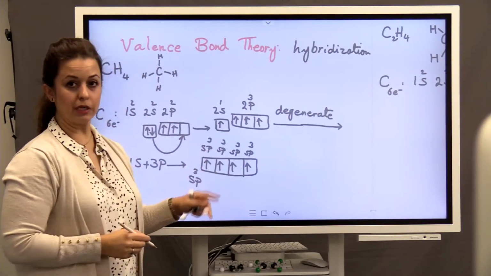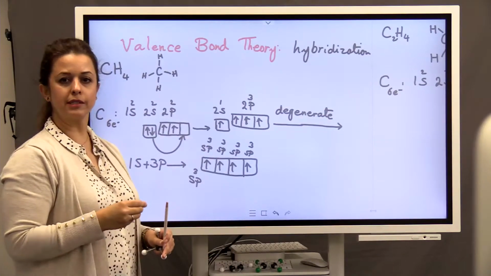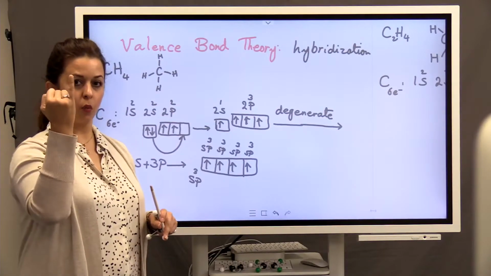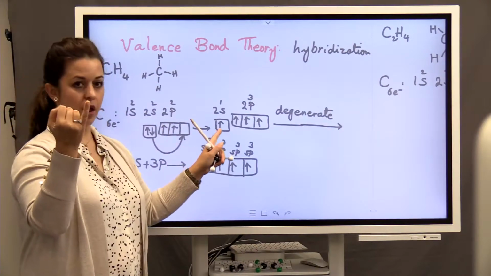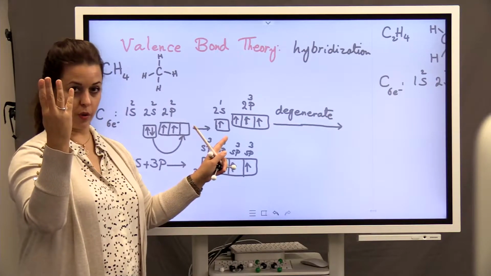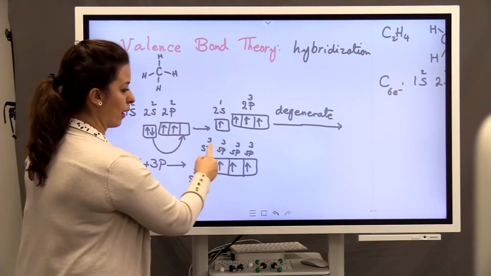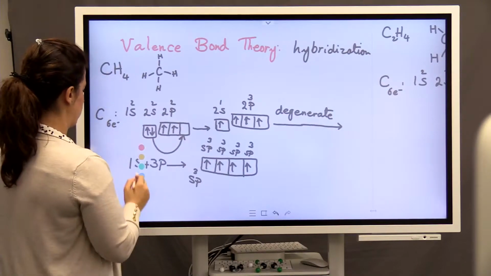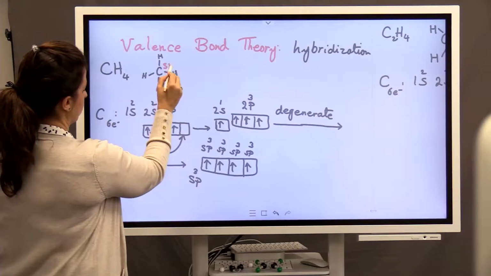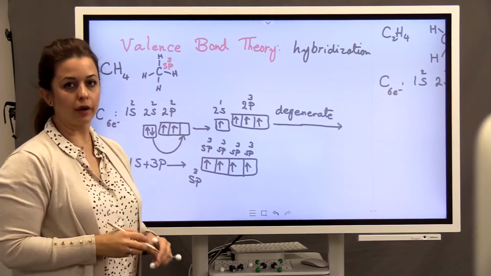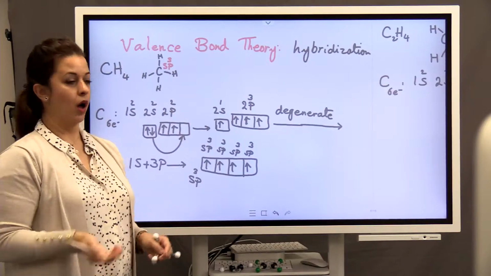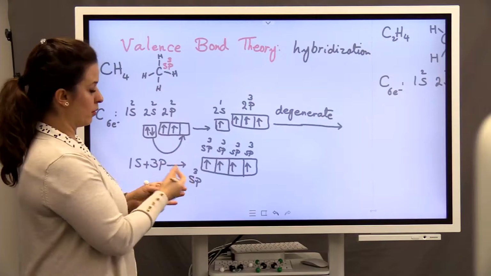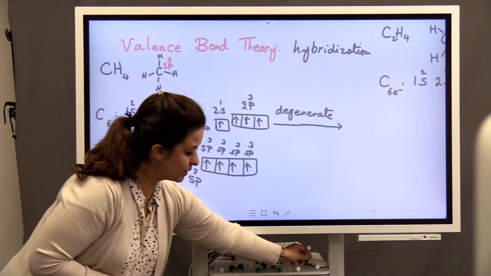These are called hybrid orbitals, and the number of hybrid orbitals is equal to the sum of the atomic orbitals that made them. You had 1 s orbital and 3 p orbitals. What's the total? 4, and you will see 4 sp3 orbitals. So you call it sp3 hybridization on carbon.